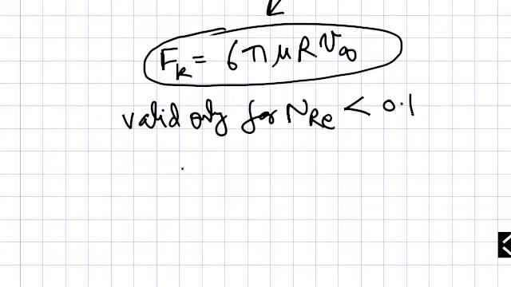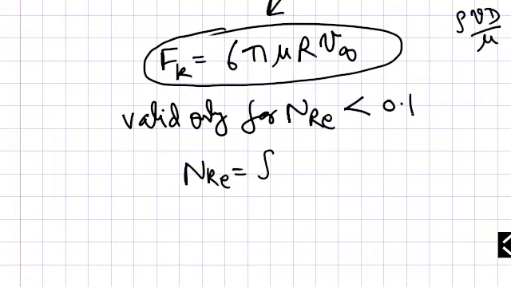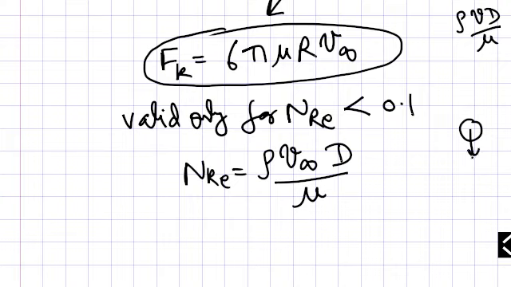And what is NRE? As you already know, Reynolds number is rho V d by mu. Here V is the velocity of fluid, the relative velocity you can say, because many times only the sphere may be moving in a fluid that is at rest.